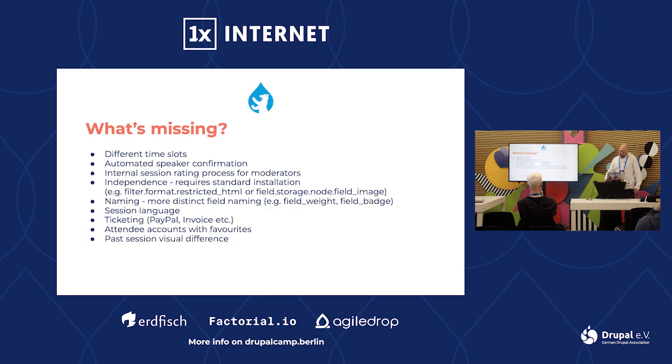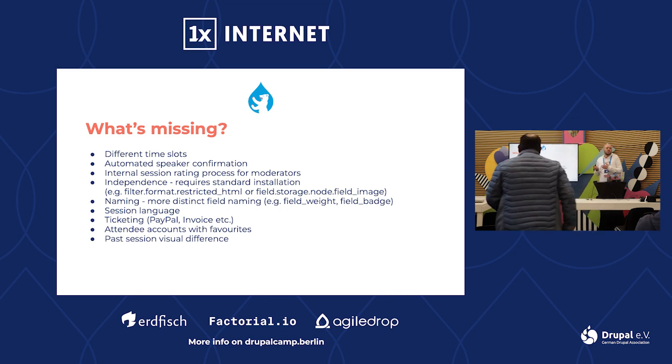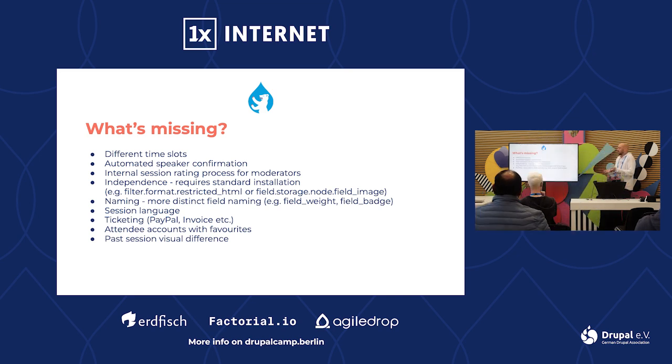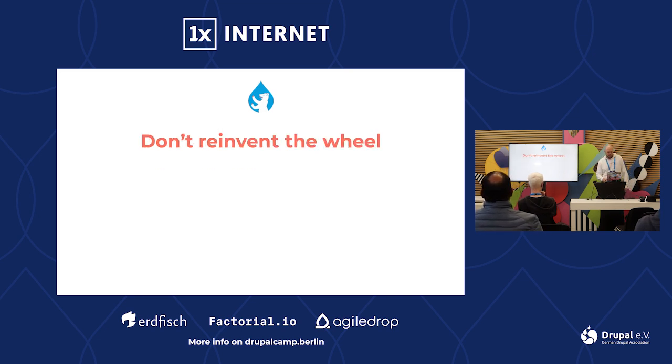It's also missing a more distinct naming. For example, when you install the module, a lot of config also gets imported to the site, containing fields with quite general names like field weight or field batch. But fields with these names can already exist in an existing project. Field weight is something I see rather often, that there's a field already with that name.